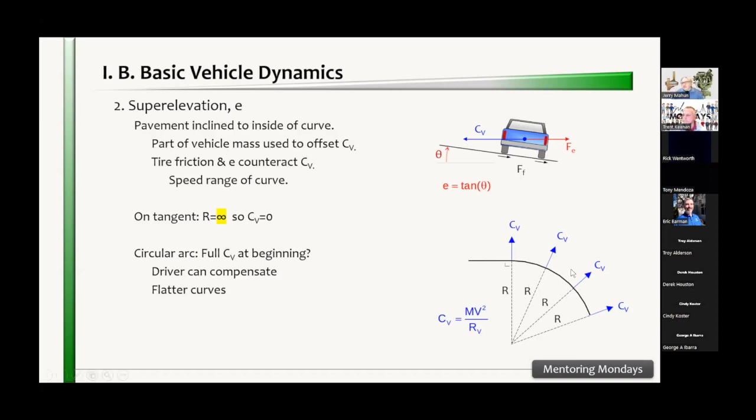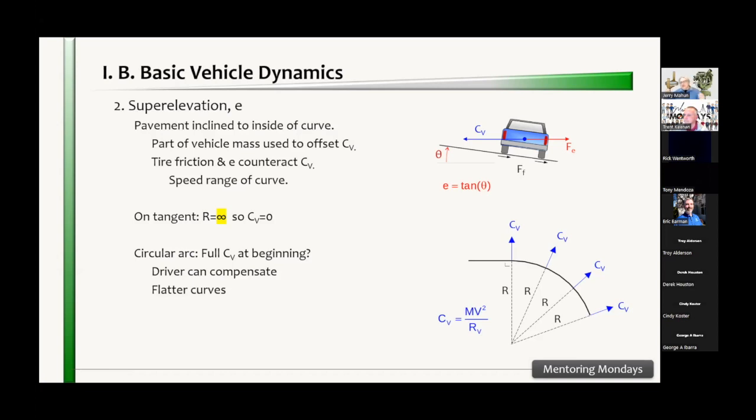Now, on a traditional horizontal curve, where you're going into a circular curve, technically, right at the point where the curve begins, you're in a full radius situation. So theoretically, instantaneously, you have the full centrifugal force acting on the vehicle at the beginning of the curve. Well, that's generally not the case because a driver is in control of the vehicle and has to make a decision on when to start turning the steering wheel to turn into that curve.